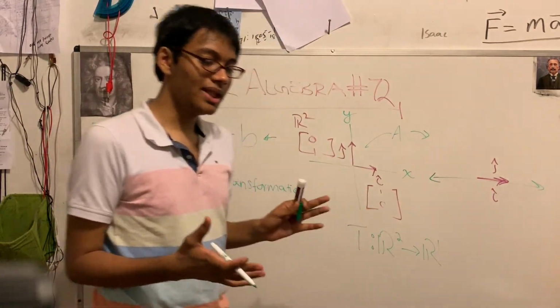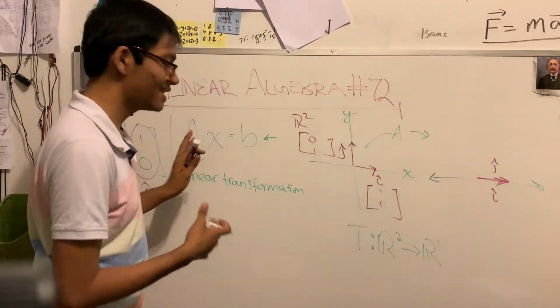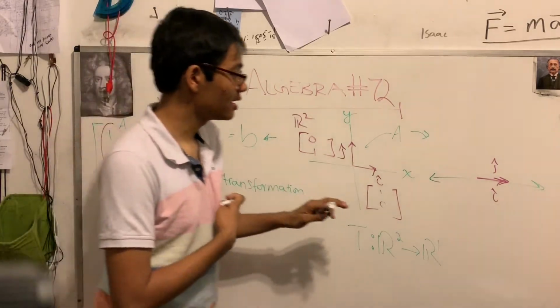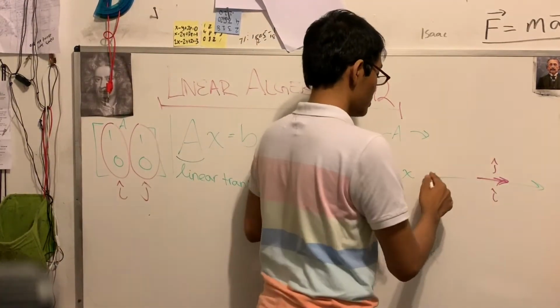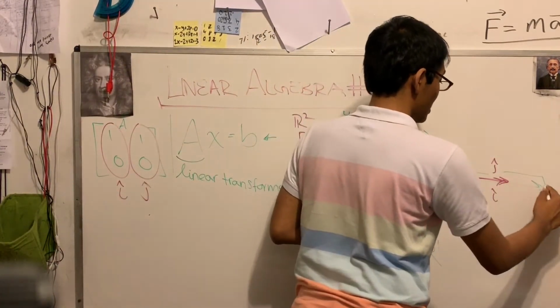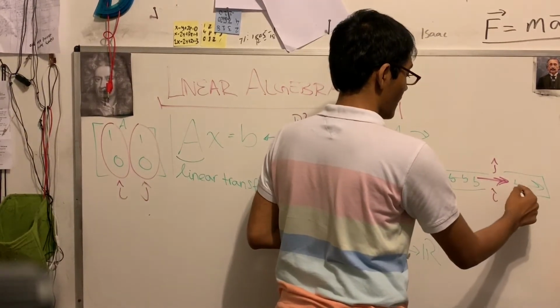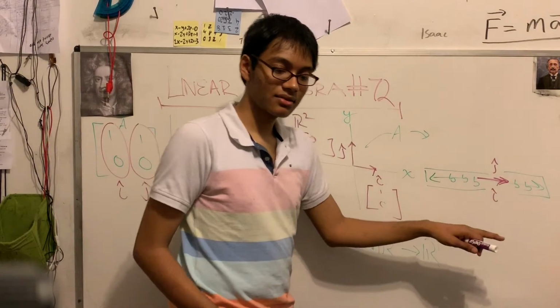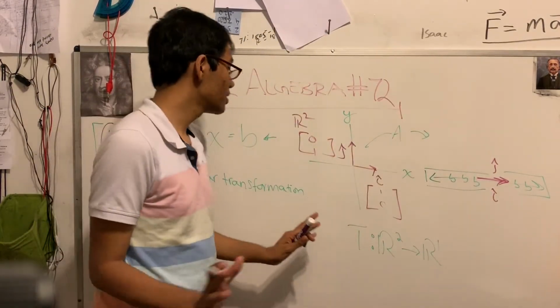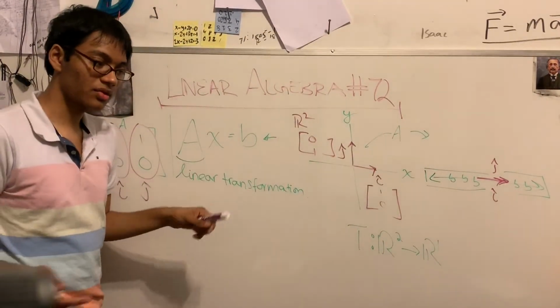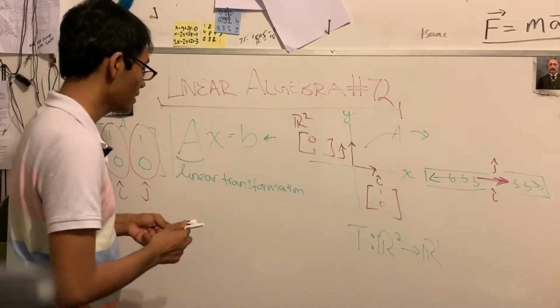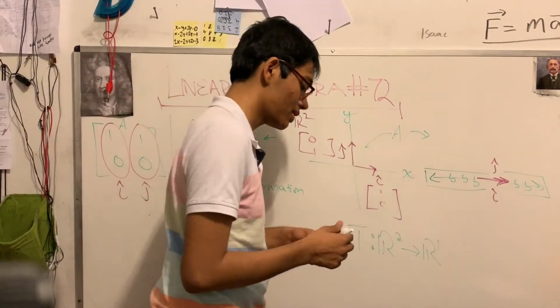Any b for which there exists an x is gonna lie on this line. So all of the b's that do have a solution are gonna lie on this line. Go off this line and boom, there exists no x, no solution. So that's gonna be the column space.